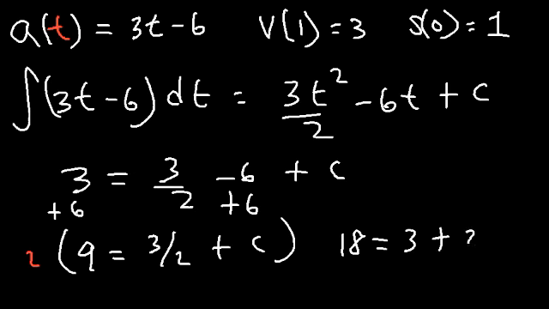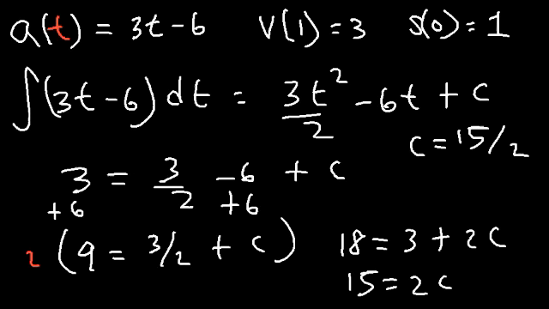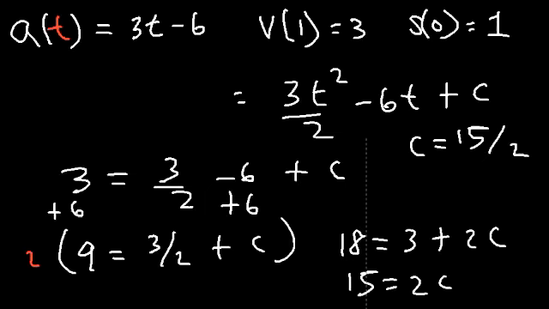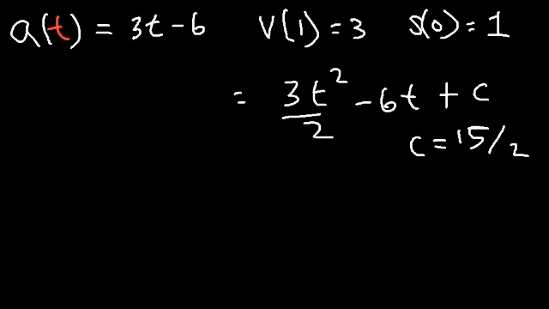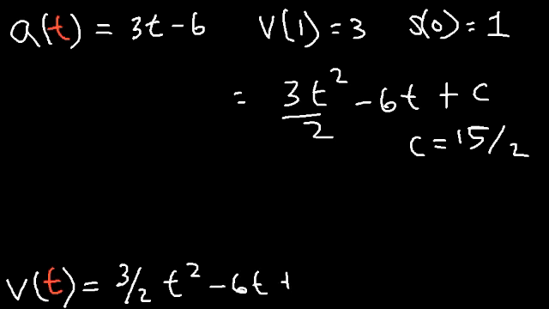And then 2c. So 18 minus 3 is 15. And so c is 15 divided by 2. So now we have the velocity function. So v of t is therefore 3 over 2 t squared minus 6t plus 15 over 2.